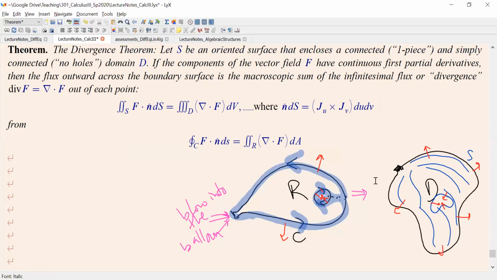And let F be some vector field surrounding it that has continuous first partial derivatives. And then the flux outward across the boundary surface along or aligned with the normal vectors. These are the normal vectors.